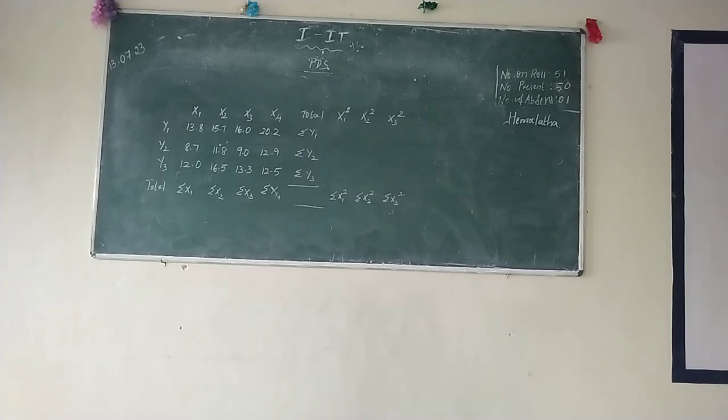x1 square is 410.13. x2 square is 657.98. x3 square is 513.89. x4 square is 730.7.